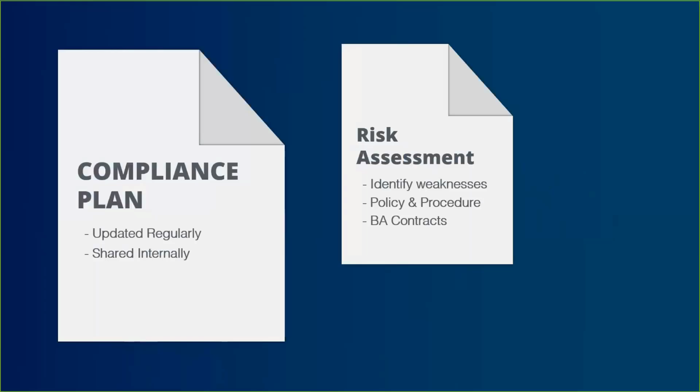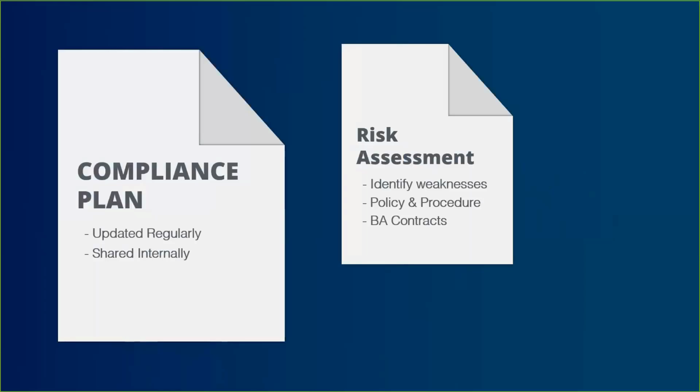Maybe there's some kind of attestation, or you need to be able to see their policies and procedures regarding privacy and PHI. Give yourself some ability to have a window into their privacy and security practices so that you know that you're putting everything in the right bucket, because you're putting some trust in them.